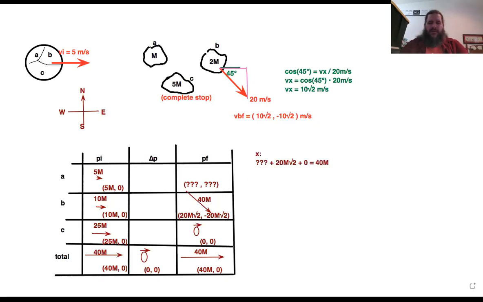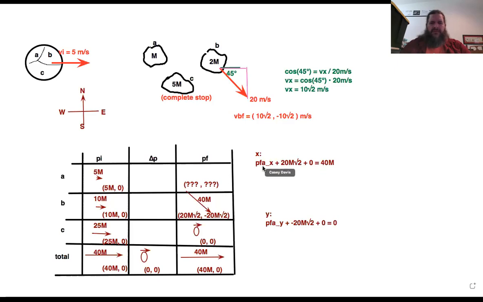And likewise, if we look at the y components alone, we've got question mark plus negative 20m root 2 plus 0 equals 0. And I should probably be labeling these with variables, not just question marks. Let's call this, since it's the final momentum of object A, P final A x and P final A y in terms of the components.